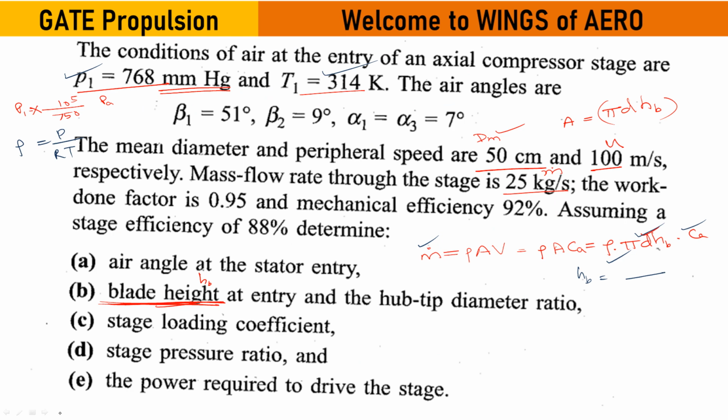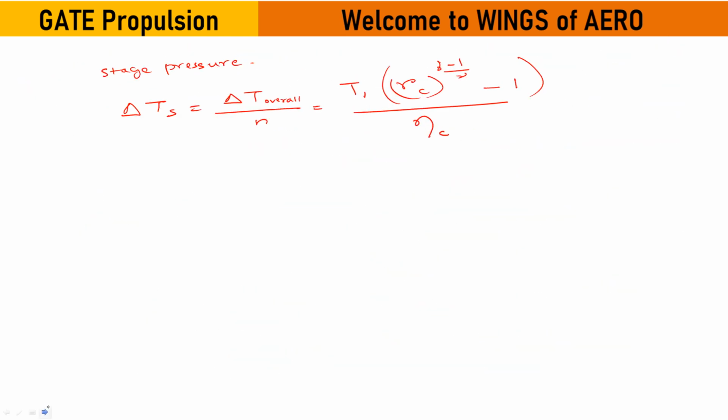Now T1 is also known. T1 is known, eta C is known. Now what is del Ts?